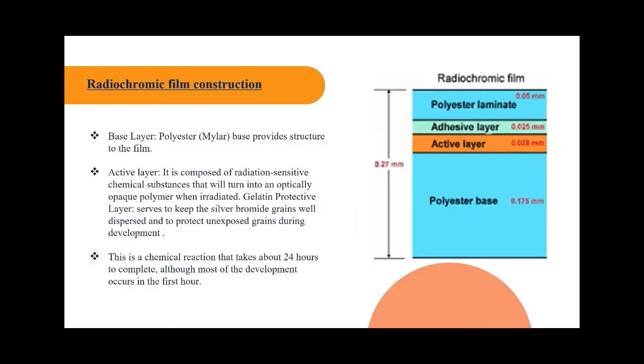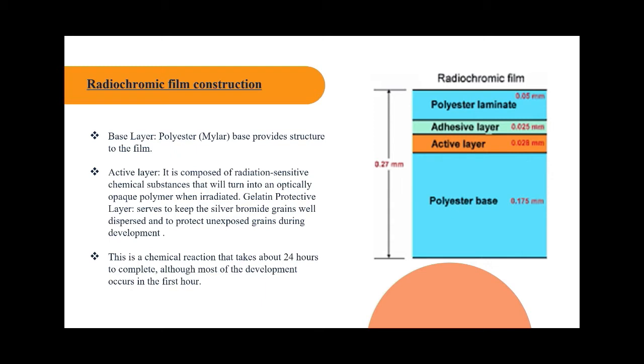Radiochromic film construction. Base layer. The polyester base provides structure to the film. Active layer. It is composed of radiation-sensitive chemical substances that will turn into an optically opaque polymer when irradiated.